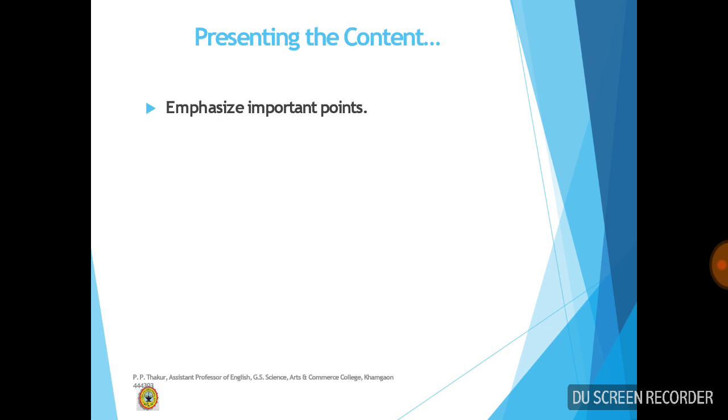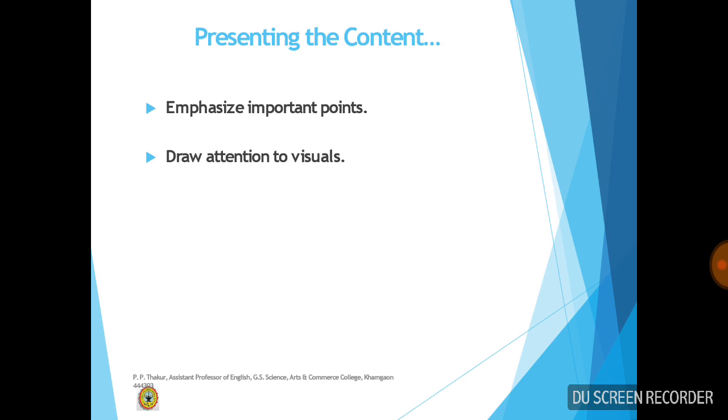You should emphasize the main points of your talk with the help of a highlighter, or with the help of your voice modulation. You should draw the attention towards the visuals explicitly.